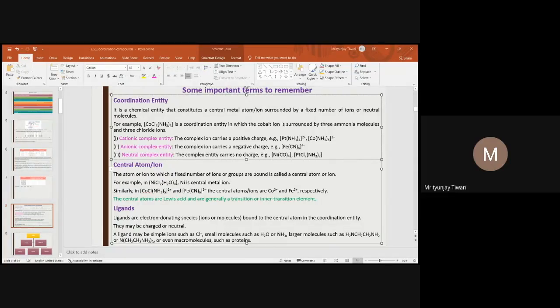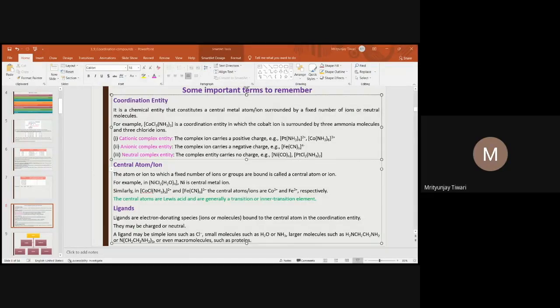Or you can see even this one: the CH2, CH2, NH2 group, three of such groups bound to this one nitrogen. Or even macromolecules such as proteins can behave as ligands.